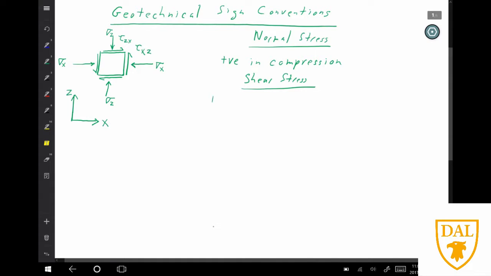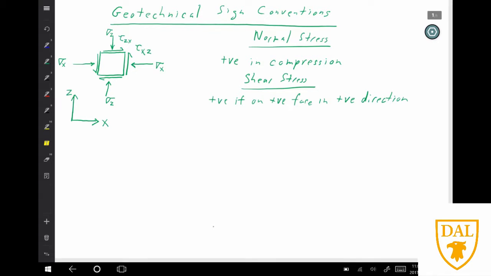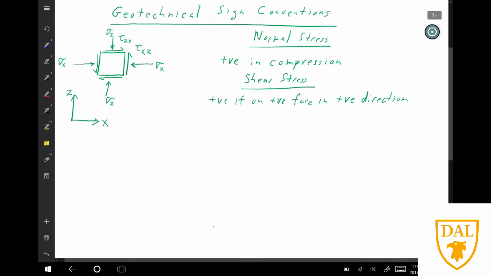So, for instance, tau xz is on the positive x face in the positive z direction.